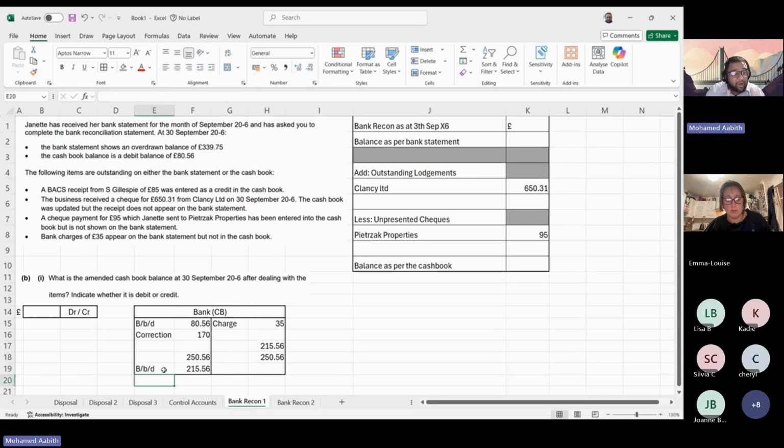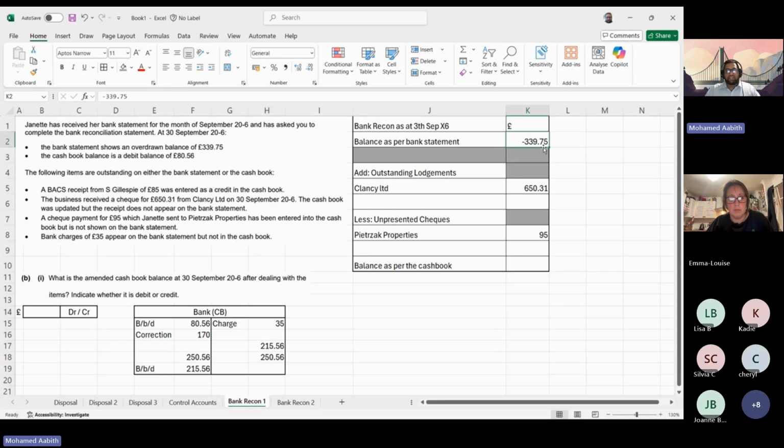I only did that because I need it for later. Okay, so I need it for this question part B here, and this one is for part A. They're asking you, what is the bank reconciliation for 30th of September? The balance for the bank statement is going to be a minus. Remember, this is the only place you can use the minus. It is £339 and 75 pence.